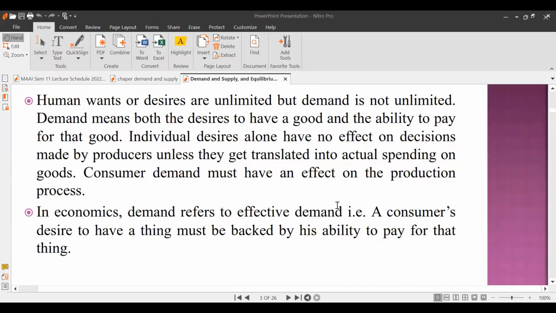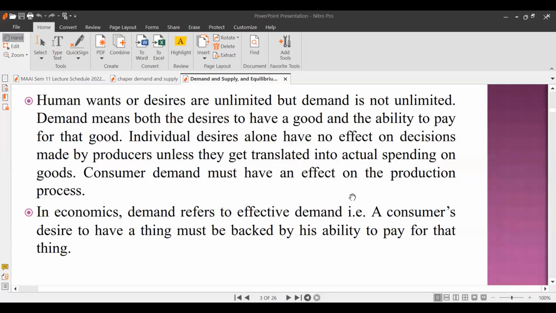So likewise, people may have different desires, but if we don't have enough money to purchase or to fulfill those desires, to fulfill those demands, definitely there will not be an effective demand, right? There will not be an effective demand.